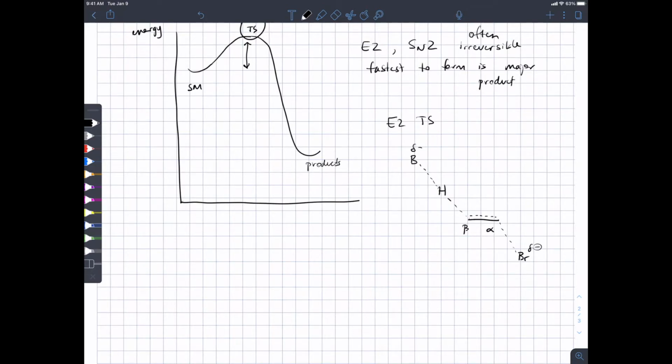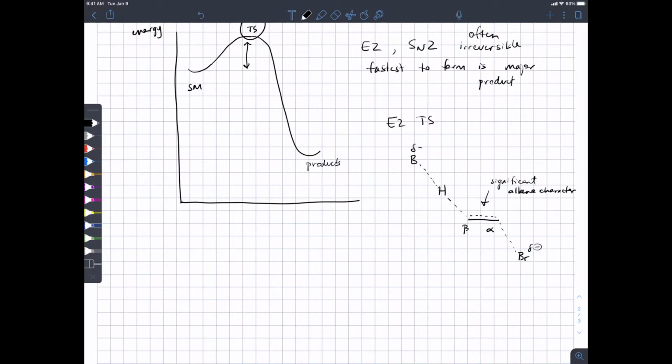And so the transition state for this reaction has a significant alkene character, meaning as you get to that transition state, the pi bond is already substantially formed.